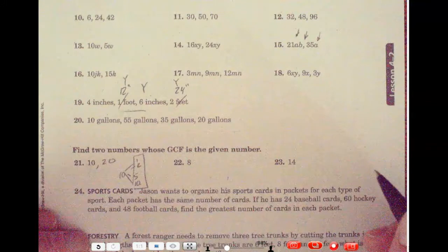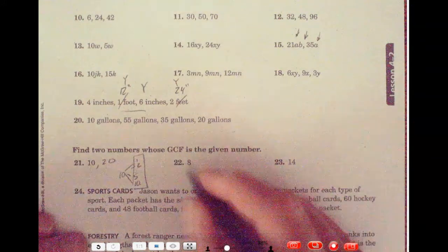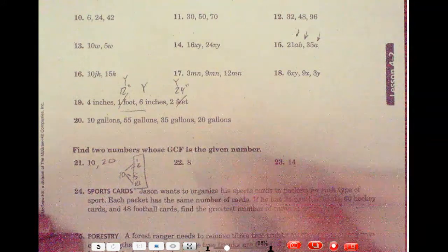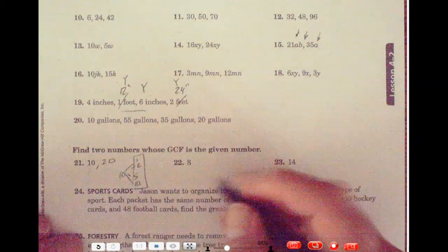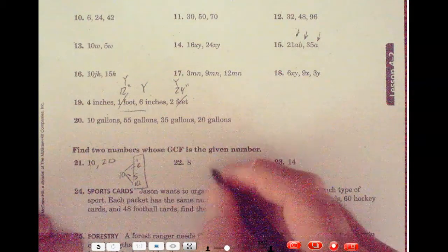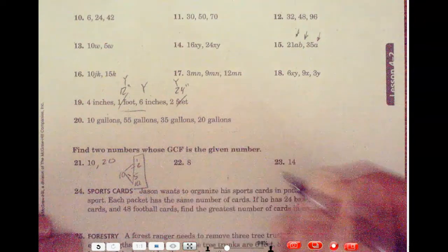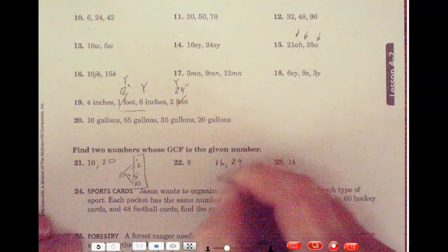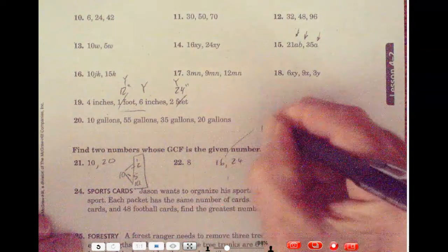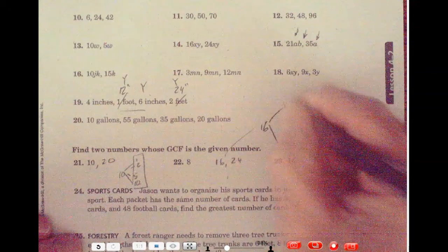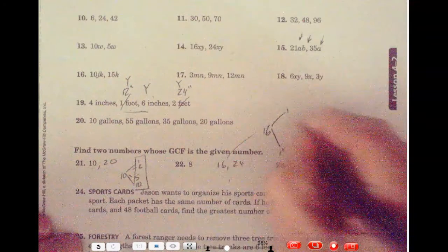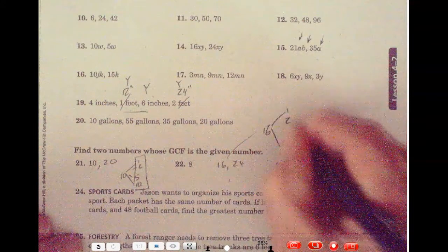There you go. So you can always just double them, but you can try to get creative and think of other numbers where 8 is the greatest common factor, like maybe 16 and 24. So here's 16: 1 and 16, 2 and 8, and 4 and 4.